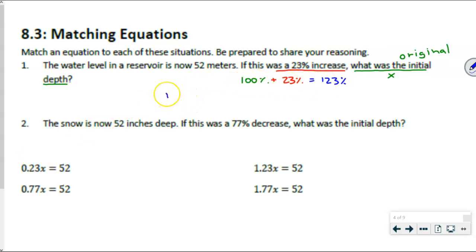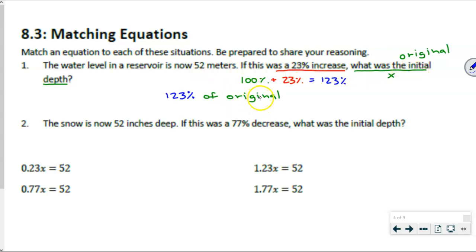What do I do with that? That means 123% of the original. Do I know what the original is? No. Do I know what the new amount is? Let's read it again. The water level in a reservoir is now 52 meters. That's a 23% increase from where it was.